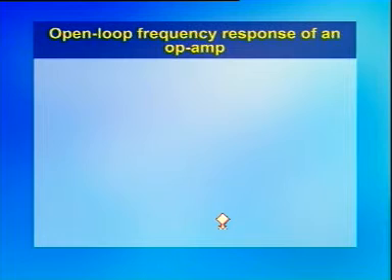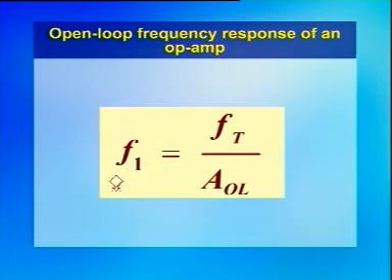In typical data sheets of the op-amp, we get only the value of the unity gain bandwidth, that is ft, but we won't get any value for the 3 dB cutoff frequency, and hence the 3 dB corner frequency is determined from the above expression. From the above expression, we get 3 dB cutoff frequency f1 equal to ft by AOL.